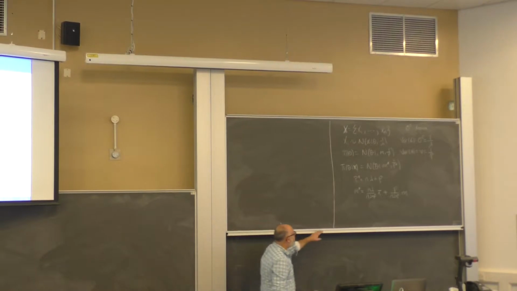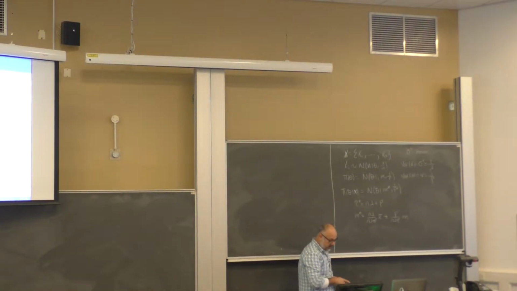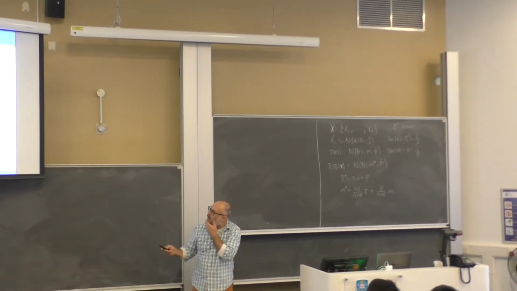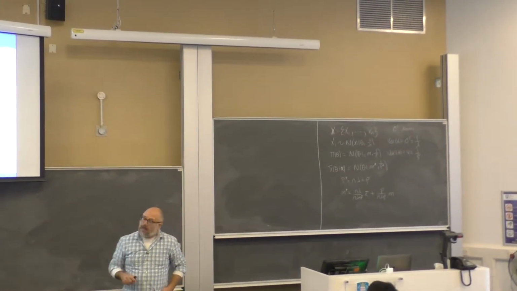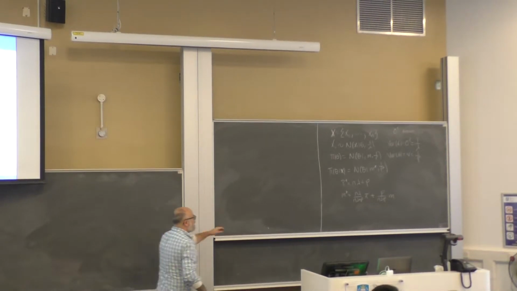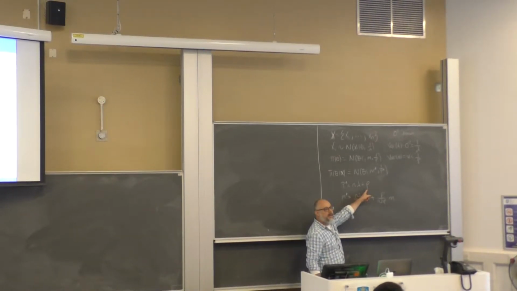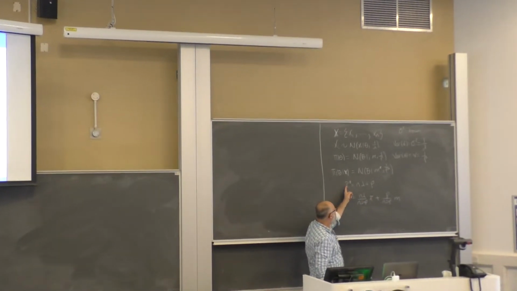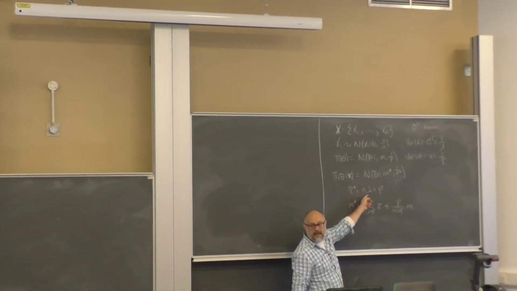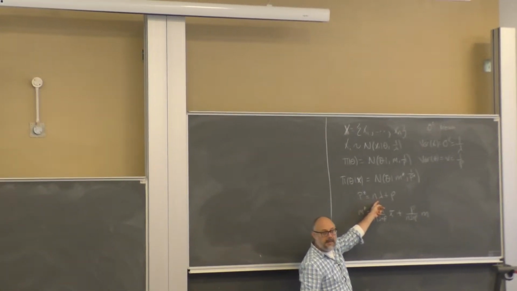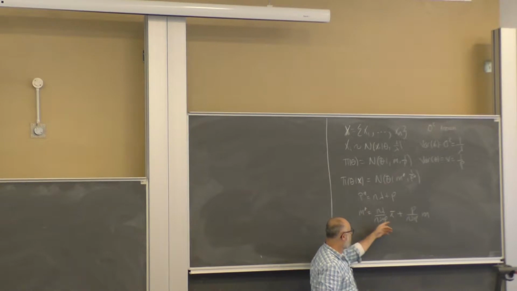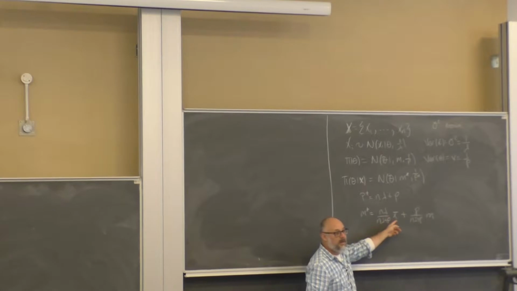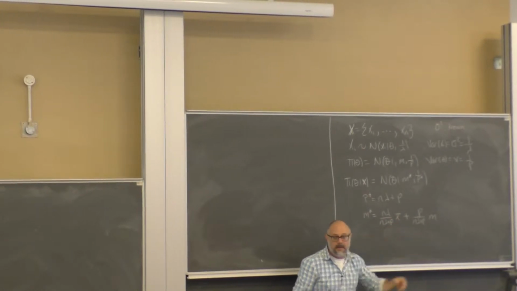So if that is the case, if P is very, very small, if P tends to 0, then the posterior precision will depend mainly or only on the data, and the posterior mean will depend basically on the data only, right?